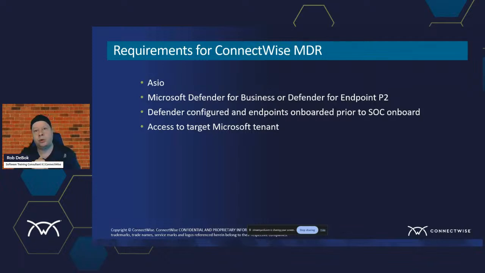So those are the 2 that we work with, the Defender for Business standalone product, or any of the Defender for Endpoint P2s that are bundled in licenses for Microsoft 365. Now, importantly, we do not sell these licenses, but we can certainly help you in finding those distributors and working with you to get the correct distributor for you.